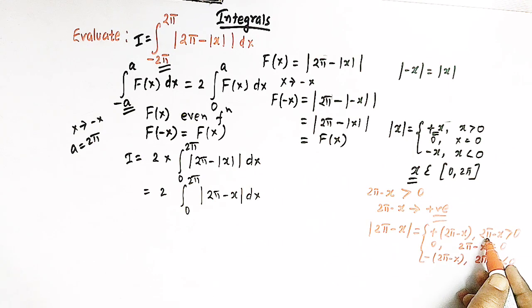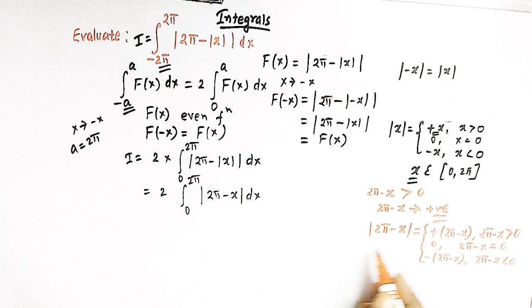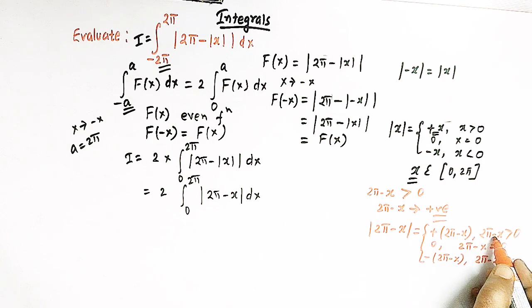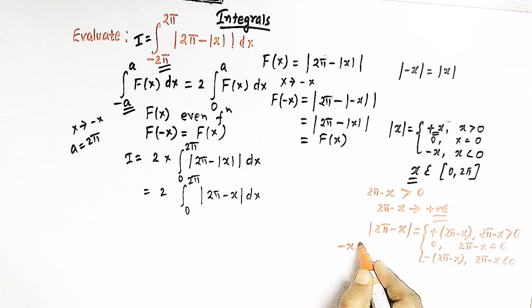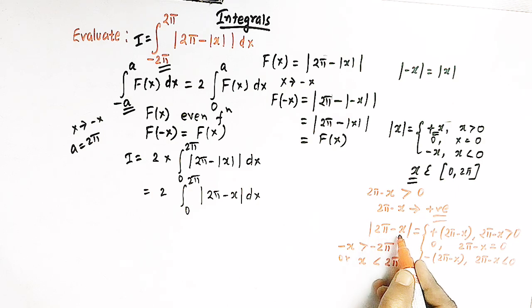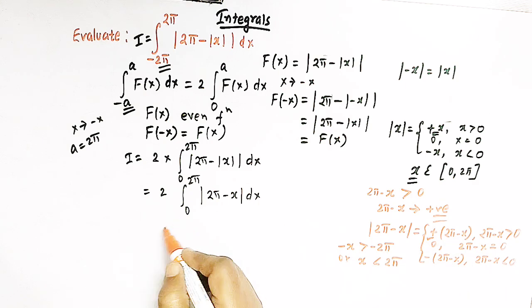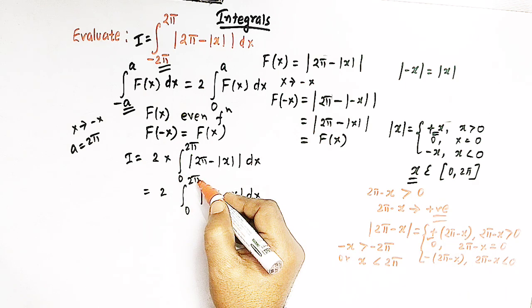From this definition, we can see that mod of 2 pi minus x is equal to positive 2 pi minus x when minus x is greater than minus 2 pi, or x is less than 2 pi. So whenever x is less than 2 pi, mod of 2 pi minus x is equal to positive 2 pi minus x, and our limits of integration vary from 0 to 2 pi.